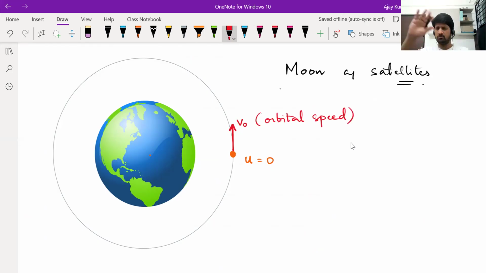It will keep on revolving around the planet unless it is disturbed by something else. That's one possibility. What if the speed is less than that? So the object may fall into one. Correct. If the speed is less than that, the object cannot stay on that circle.